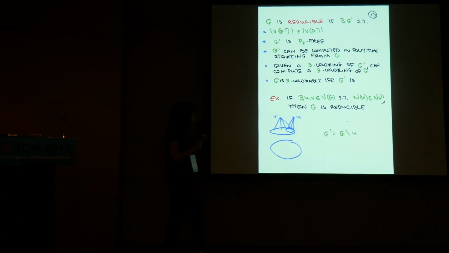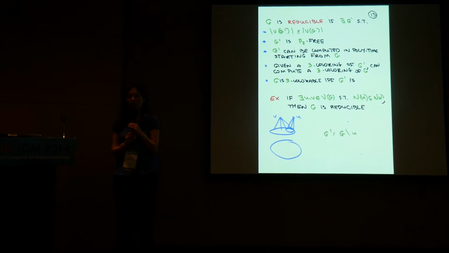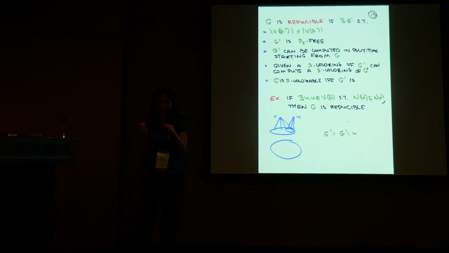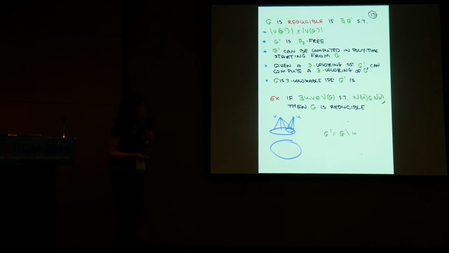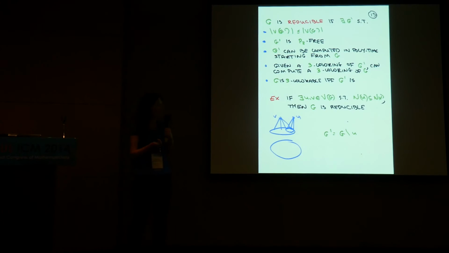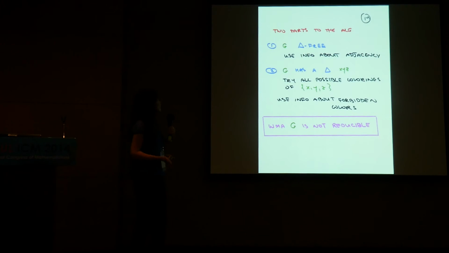So every neighbor of u is also a neighbor of v, and u and v are non-adjacent. Well, why is this a good thing? Delete u, color what's left, and now give u the same color as v. So that's an example of a reducible graph. I could delete u and just color the graph without u. And we'll have a few more reductions, but we can always assume that my graph is not reducible. If there's some reduction, then I don't need to worry about this.